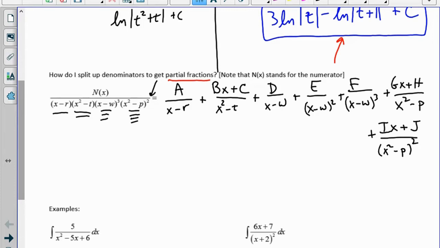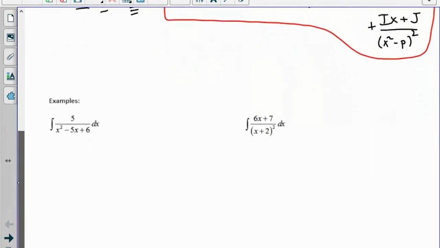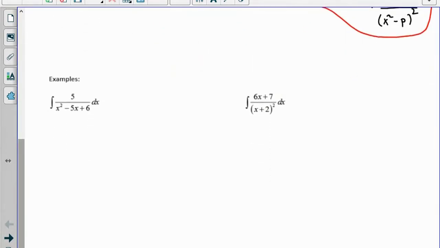So that's just an example of how to do that. And then what you're going to do is take this numerator and set it equal to what happens when you multiply all of this by the common denominator. Now, obviously, in this problem, that would be a nightmare, but we're going to do it in problems that are a lot simpler, so we don't really have to worry about it nearly as much.